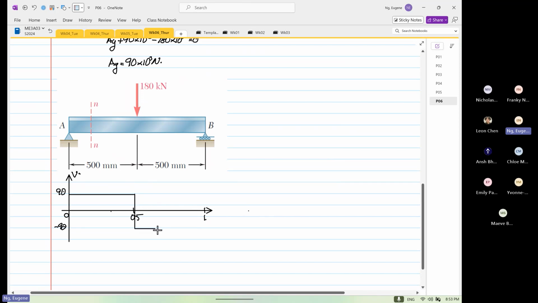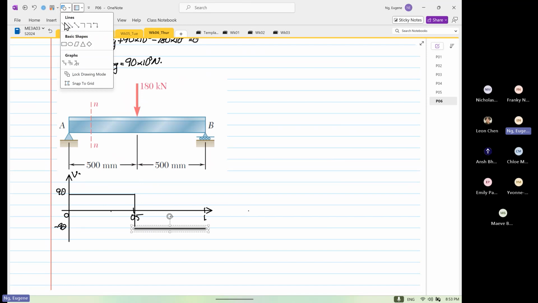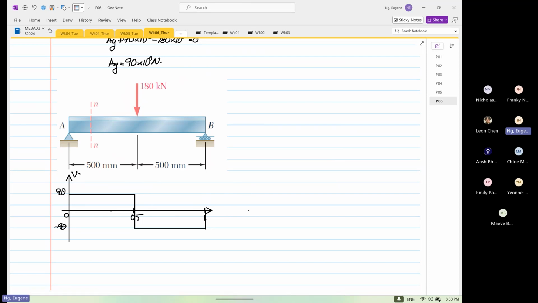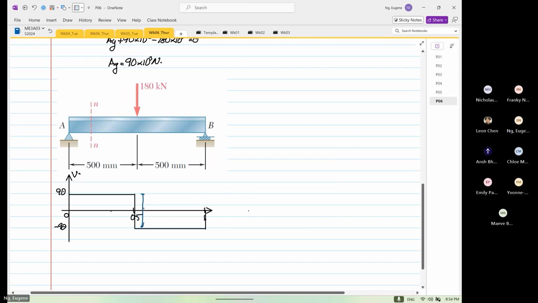And then it goes horizontal, and then you have a reaction at point B, pushing it back up to 0. So we know that this height over here is in fact our 180 times 10 to the power 3.